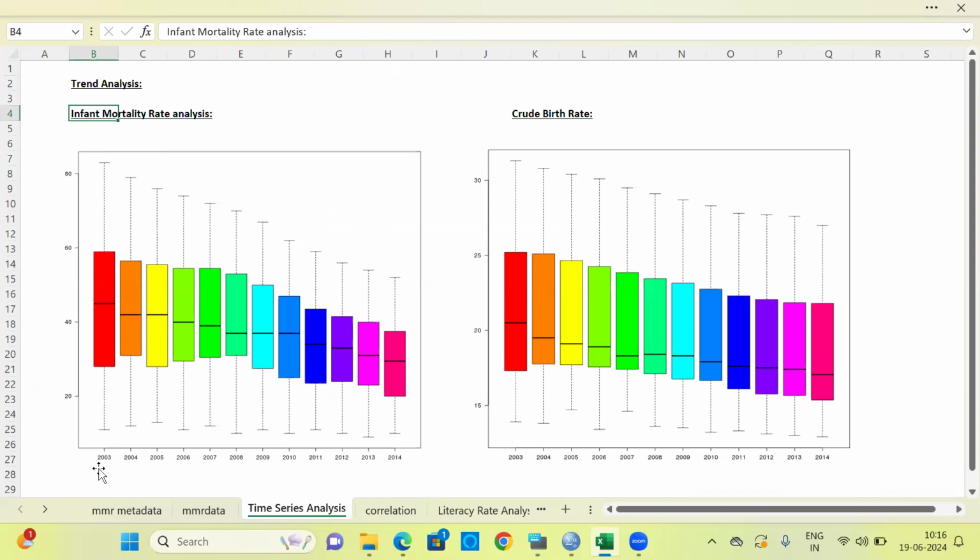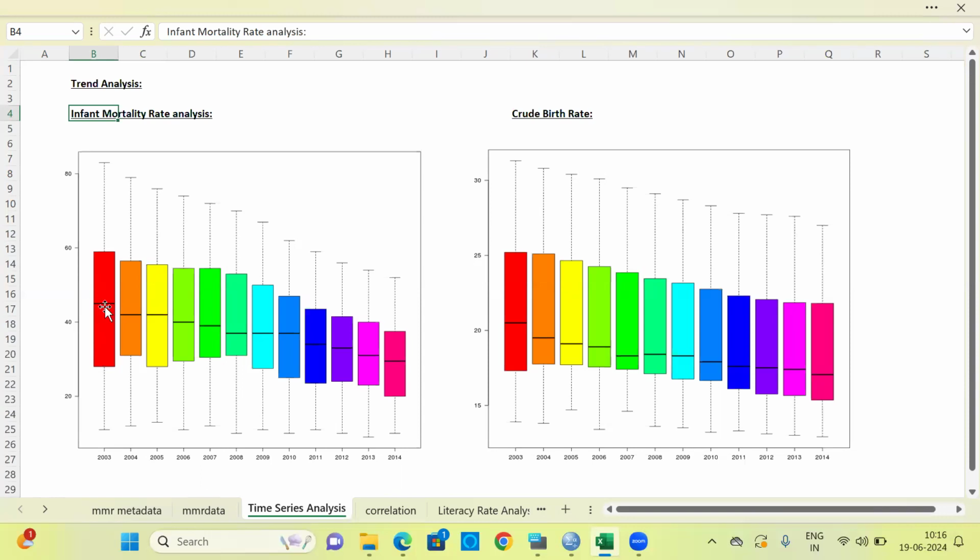In the x-axis, I have taken approximately 12 years of data starting from 2003 all the way up to 2014. And in the y-axis, I am evaluating the infant mortality rate. This plot that you see is called the box plot. In fact, to be more precise, it is called the box and whiskers plot.